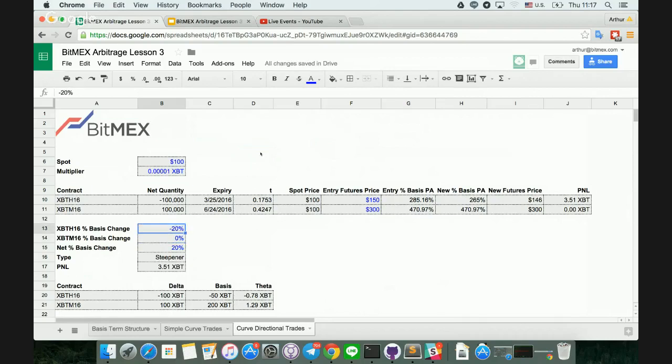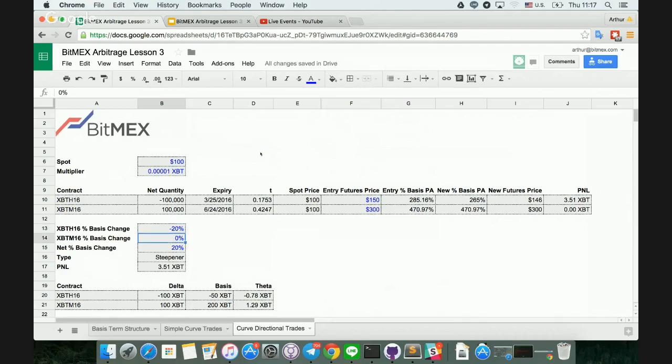So the spread has gotten wider. And you can see our profit and loss here. We've decreased the basis of H16 by 20%, and we assume that the spot hasn't changed. It doesn't really matter. We've made 3.51 Bitcoin on our H16, and the M16 is flat.